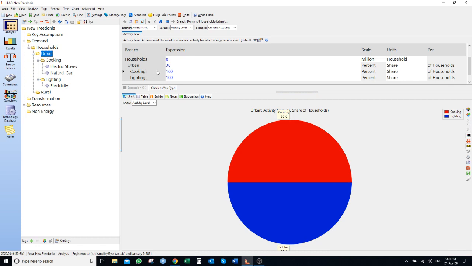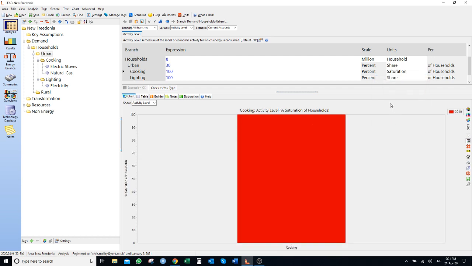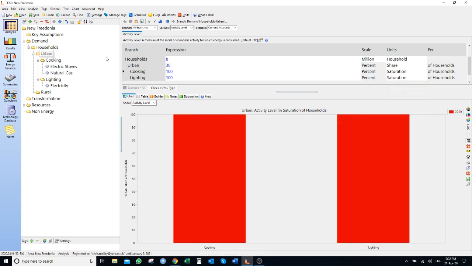That's not the case for cooking, and it's not the case for lighting, because homes have both cooking and lighting. So the percent here should not be share, it should be saturation. It's what percentage of all households have this activity. We can have both activities at one time. So that percentage there should be saturation.